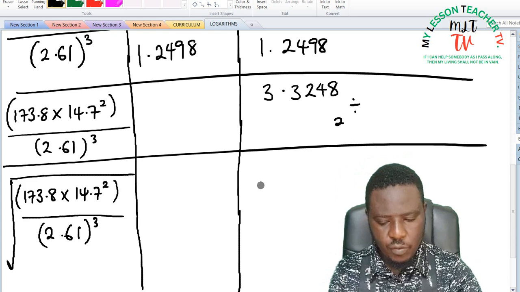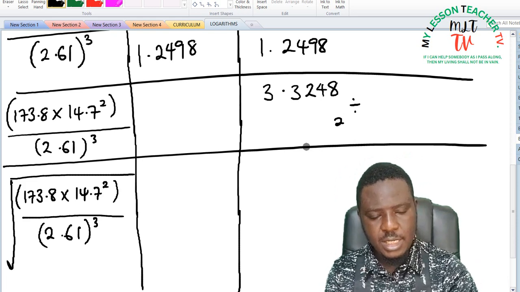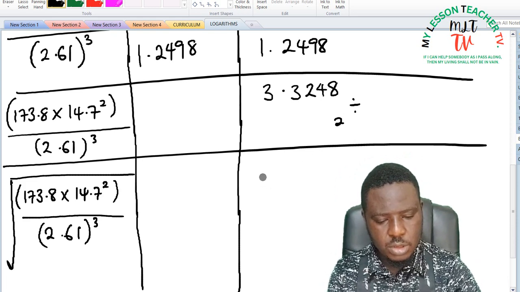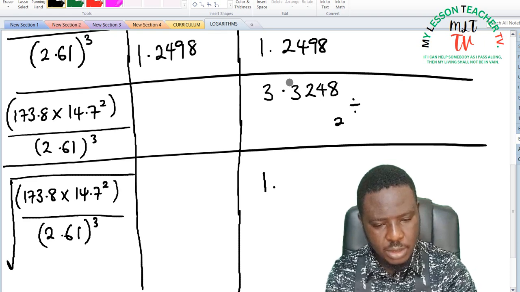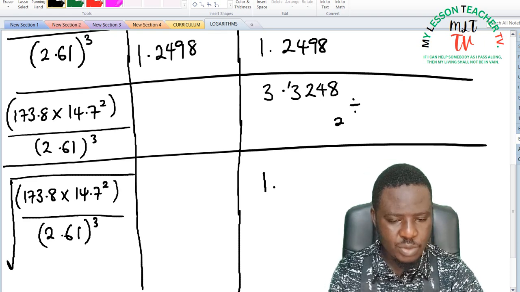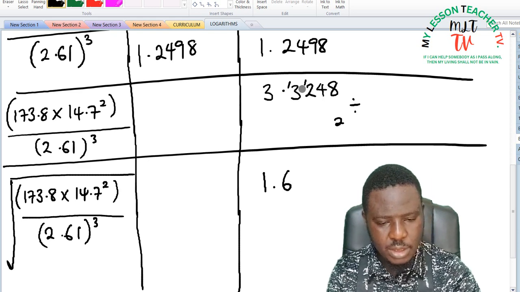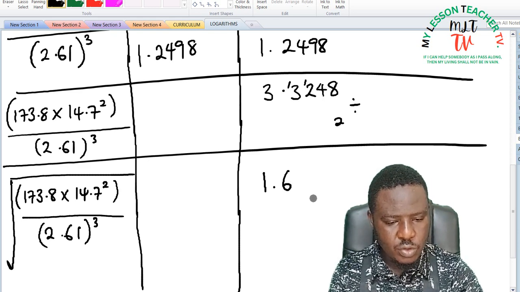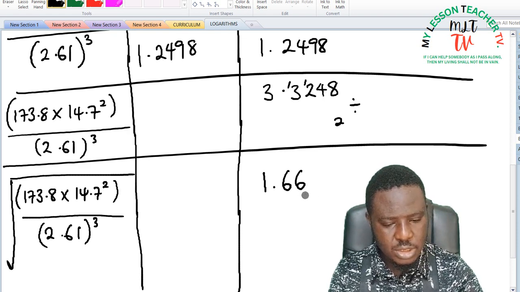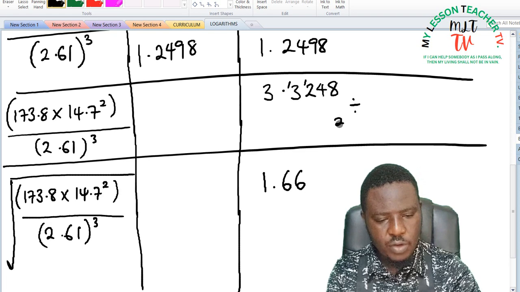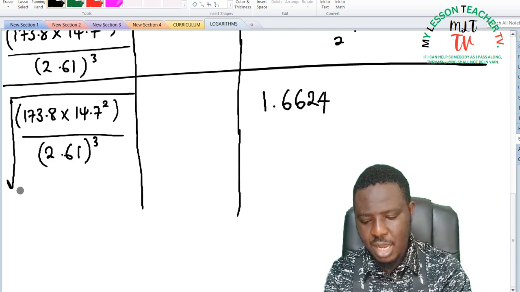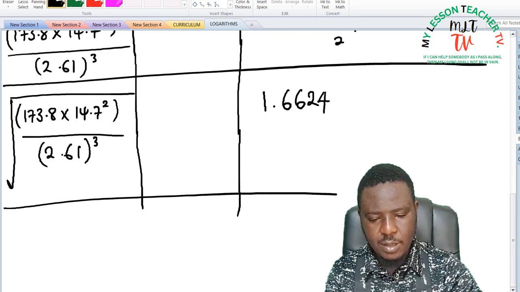So I'll start with the whole number part. 3 divided by 2 is 1 remainder 1. Bring the next digit to that 1, it becomes 13. 13 divided by 2 is 6 remainder 1. This is 12. 12 divided by 2 gives us 6 remainder 0. 4 divided by 2 is 2. 8 divided by 2 is 4. So this is our answer in logarithm.